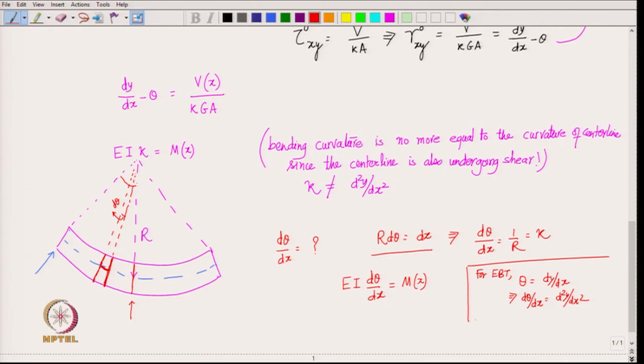But for Timoshenko beam theory, θ is not equal to dy by dx, and therefore, dθ by dx is not equal to d2y by dx2, which is the center line curvature. Okay. So, the more accurate equation is this box here.